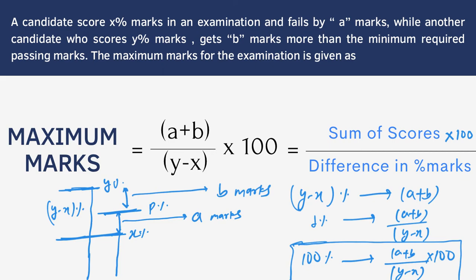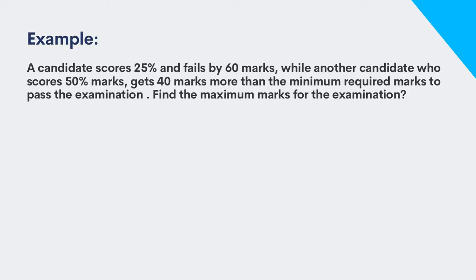Let's take one example, by which we will understand. The example says a candidate scores 25% and fails by 60 marks, while another candidate who scores 50% gets 40 marks more than the minimum required marks to pass the examination. Find the maximum marks for the examination.